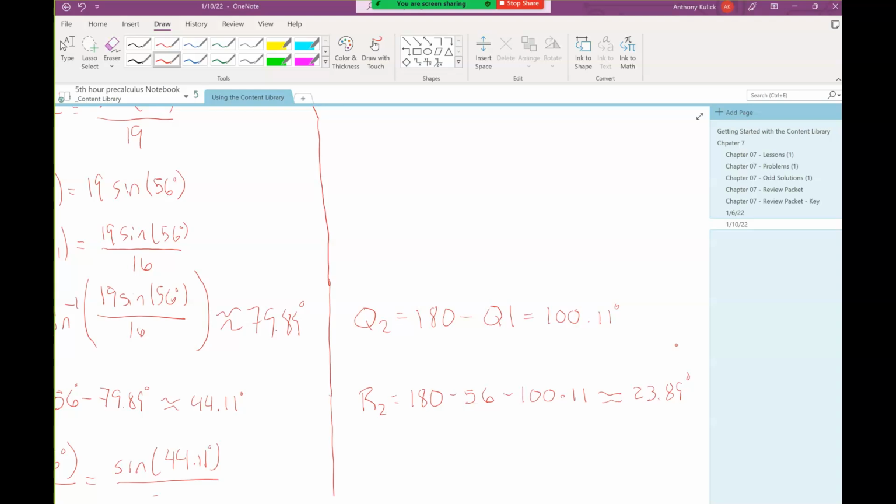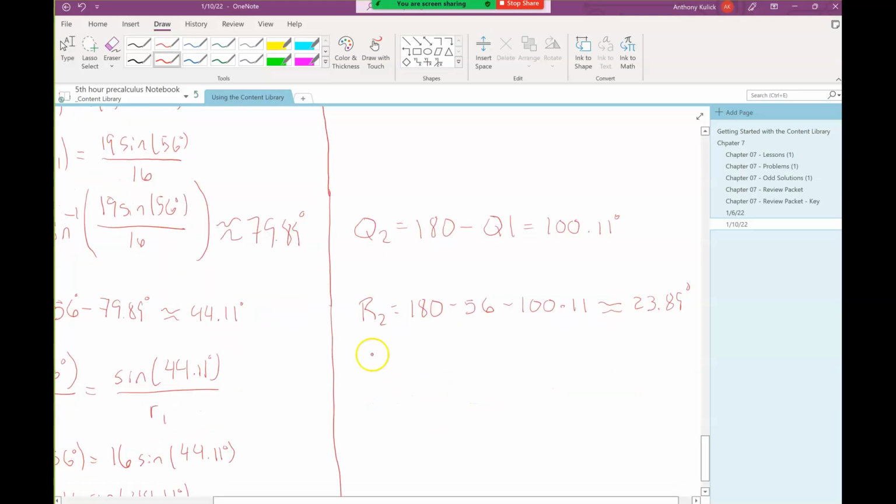Everybody okay with that? And now to find side R2, now I have to use the law of sines again. But this is the only time I'm going to have to use the law of sines during triangle 2.